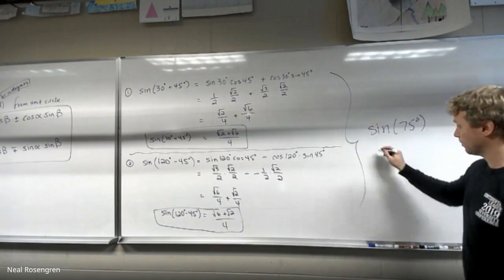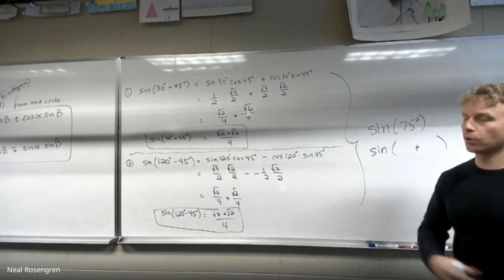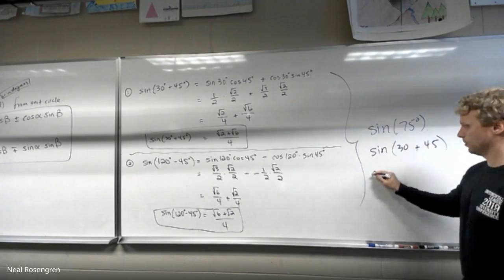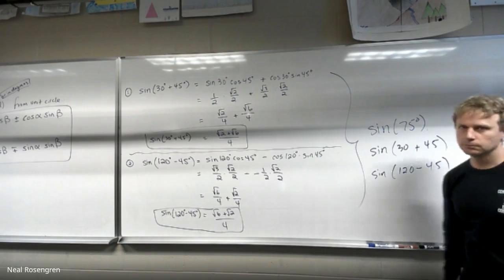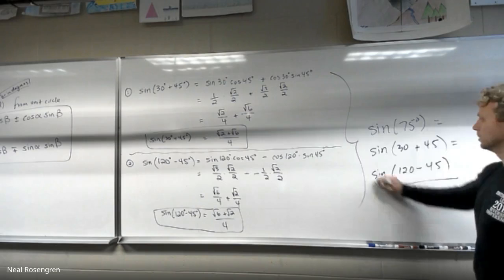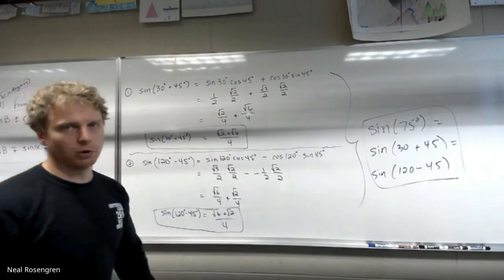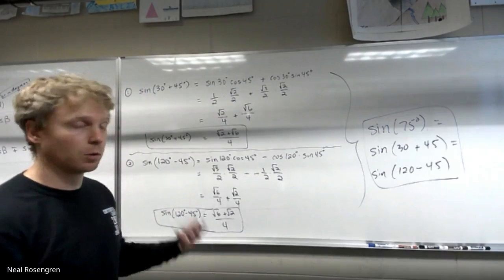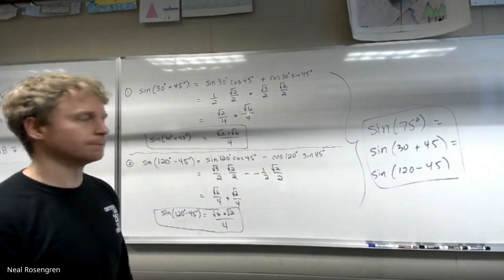The first thing I'm going to do is rewrite it as either a sum or a difference of two angles that I know, like 30 and 45, like 120 and 45. Some kind of combination like that to get you to a spot where we can just plug it into a formula, okay? But you can see that it doesn't matter which way we go, we're going to find equivalent answers. So just find a pair that works and get there, okay?